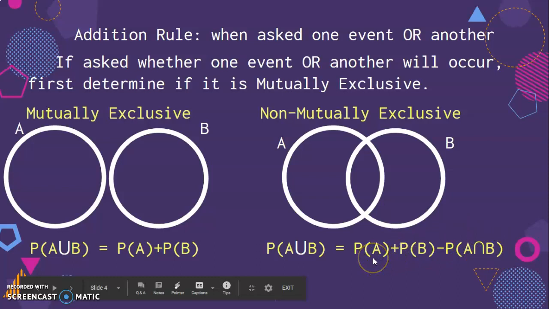So the probability of A, plus the probability of B, minus that intersection, that overlap inside. Because think about it, if we've added A and we've added B, we've added this middle section twice. So we just got to take it away one time, and then we'll have that whole set of the union.